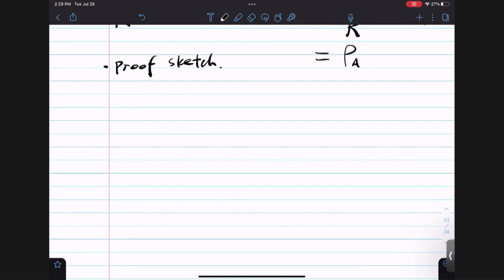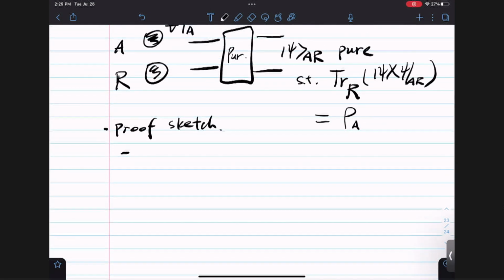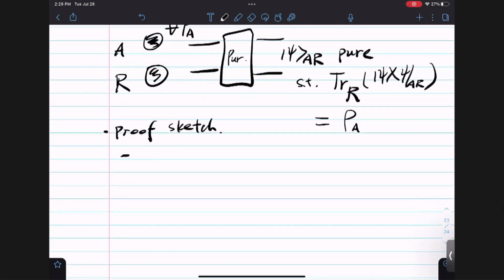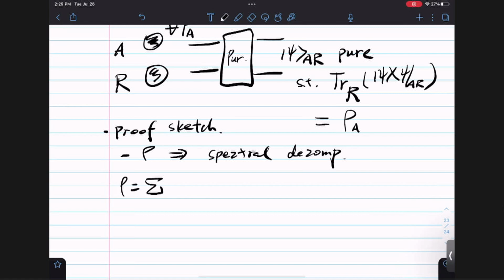Okay, so to start, since the density matrix is positive semi-definite, it has a spectral decomposition, meaning we can write this rho as a sum under an eigenbasis with its eigenvalues p_i.